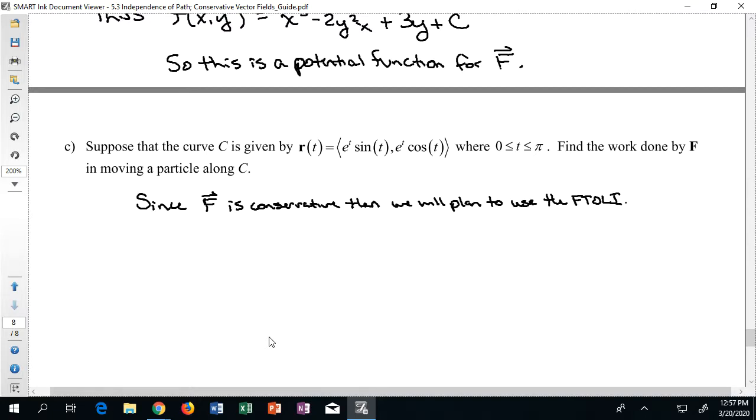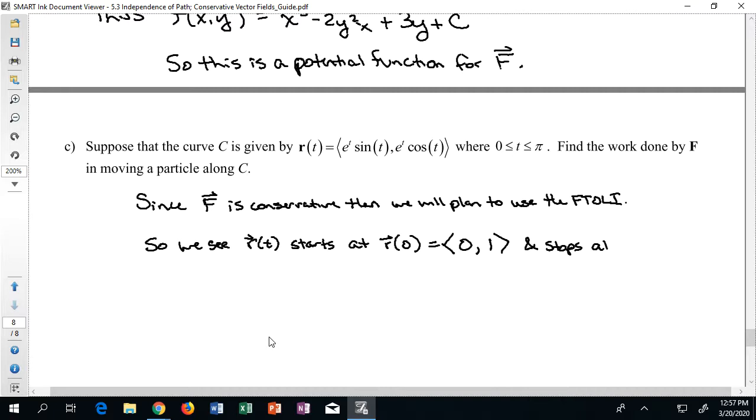We just need to figure out where this curve starts and stops. So we see that r of t starts at, well, let's see, what's r of 0? If I plug 0 in here, I get 0, 1. And it stops when I plug in pi. And when I plug in pi, I get 0, negative e to the pi.